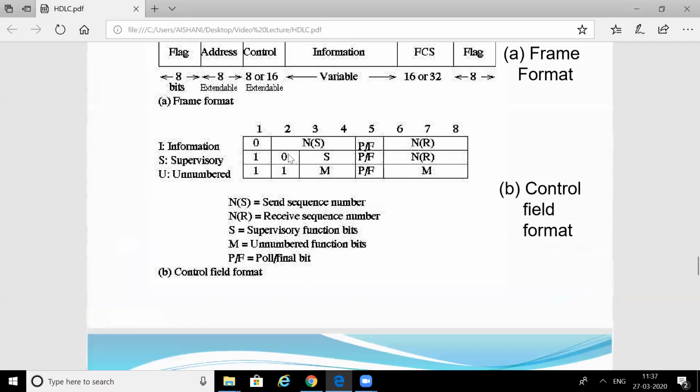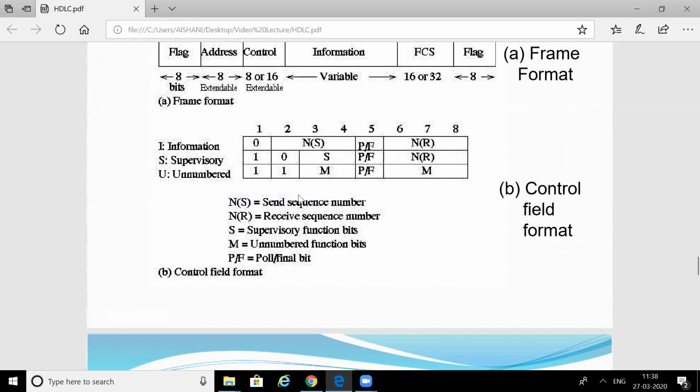Now, if it is an I-frame, the control part will always start with 0, and then there will be an NS part of 3 bits, and at the end there is an NR part of 3 bits.